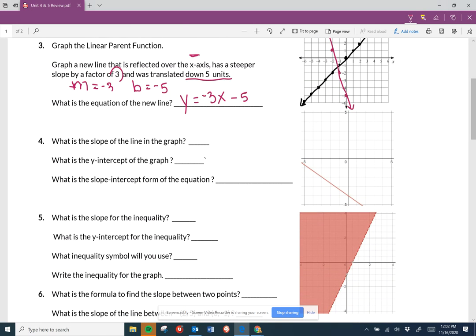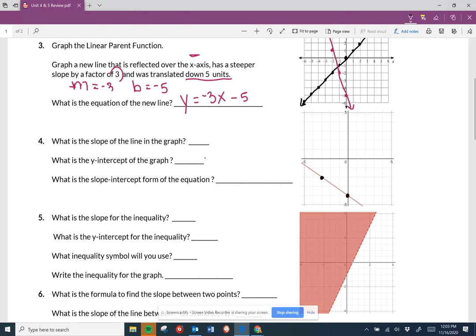And I'm looking at this graph over here for number 4. And it says, what is the slope of the line? Remember, in order to find the slope, we have to identify 2 perfect points, okay? My perfect points on this graph, I can see one that is crossing the y-axis. So my first one that I can see is right here. That is at -4. And then the second one that I can see is going to be right here, it looks like.